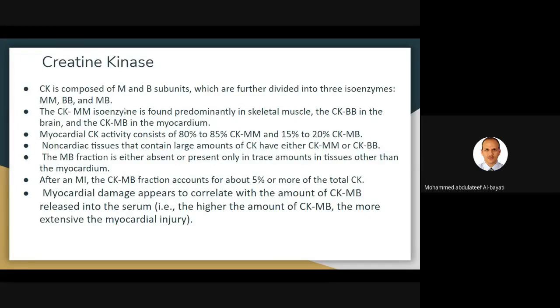CKMM is found predominantly in skeletal muscle, while BB is found in the brain. What we are concerned with for cardiac function is the isoenzyme MB, which is specific for the heart. So CKMB is specific for the heart.